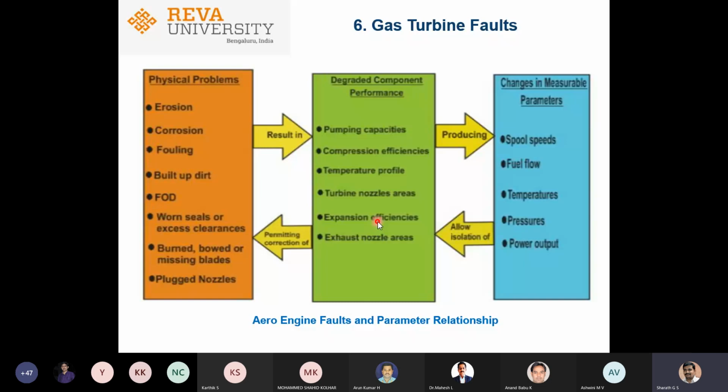If we are able to measure these parameters properly using condition-based maintenance or any other emerging technology like digital twin, then we can reduce the maintenance problems and make the engine or aircraft available. So we will have less downtimes, less lead times.